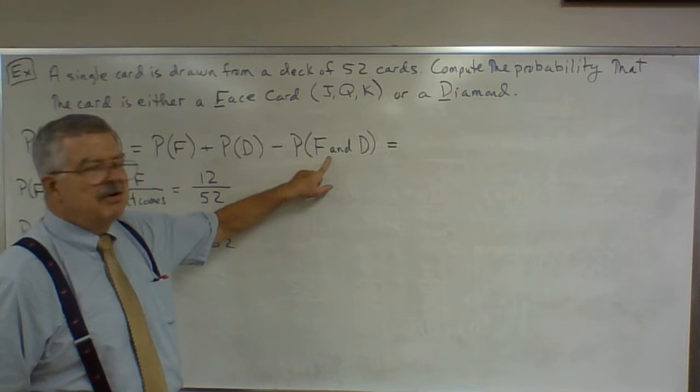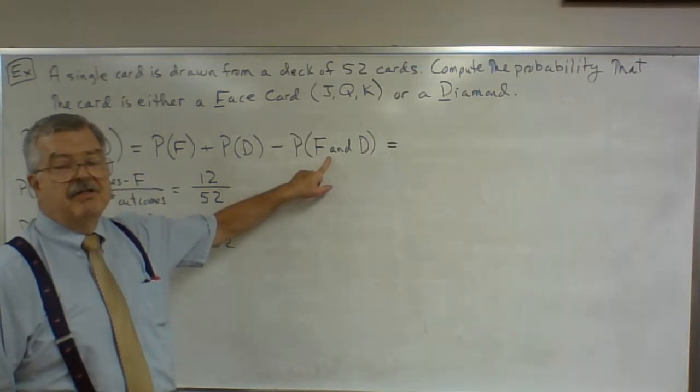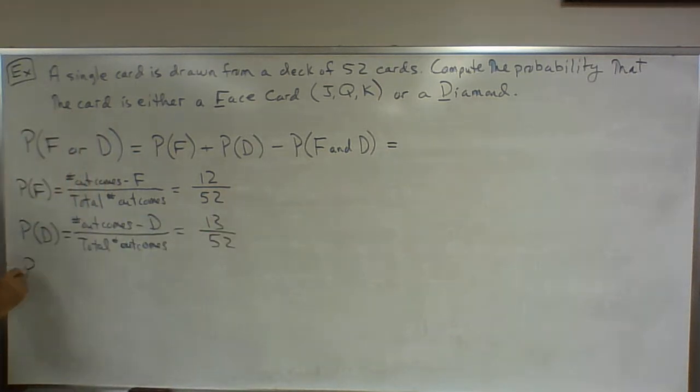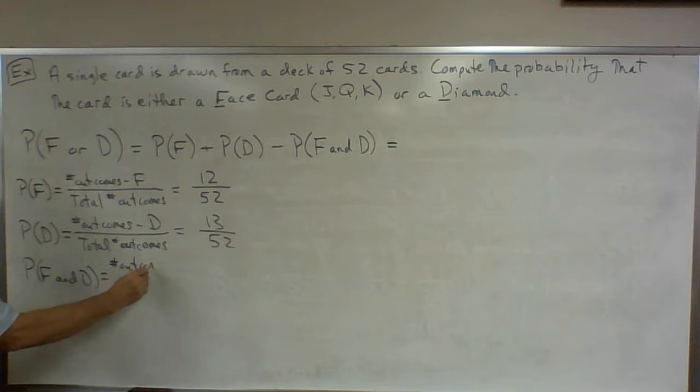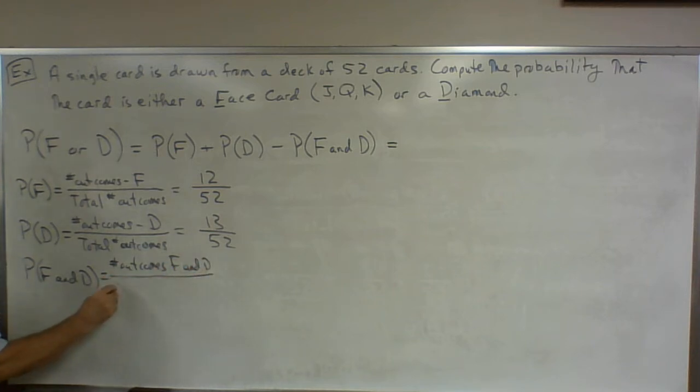But what about those cards that are both face cards and diamonds? That's the total number of outcomes where we have face card and diamond over a total number of outcomes, period.